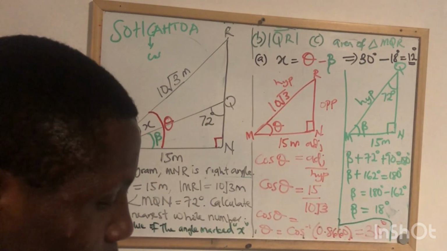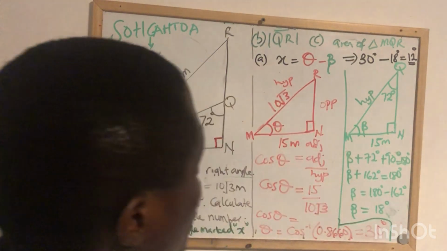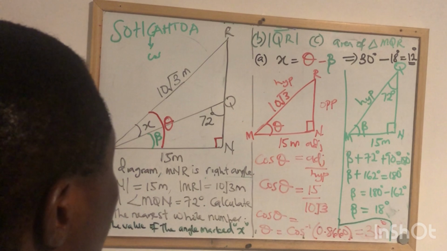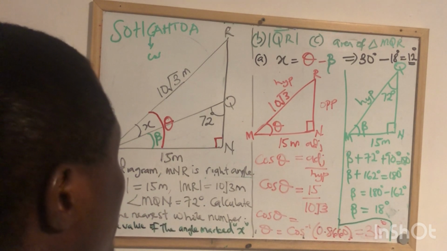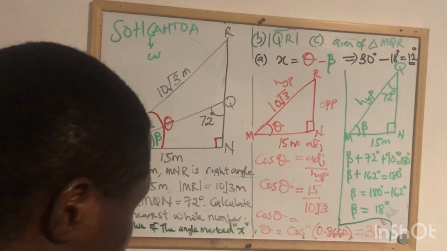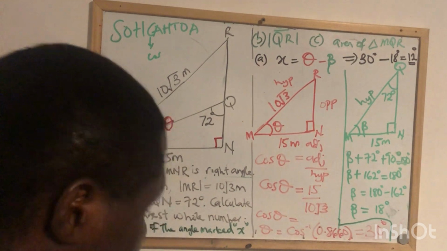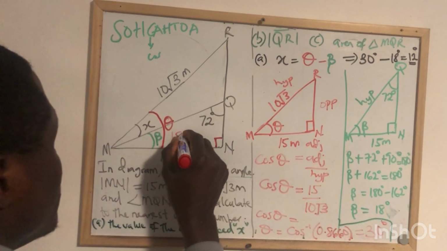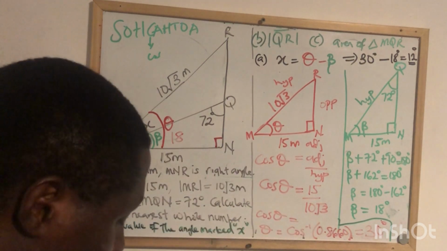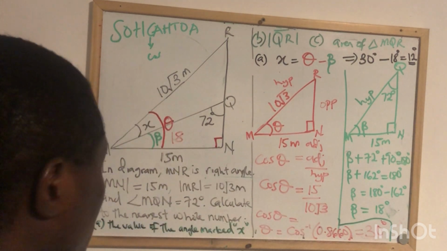So now let's go to the board. We've gotten this, so I need to label some things here that will help us calculate some questions. Beta is 18 degrees. Let me use my green pen so that you can follow.